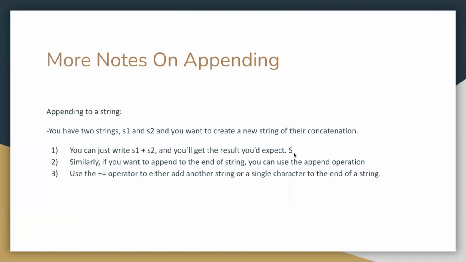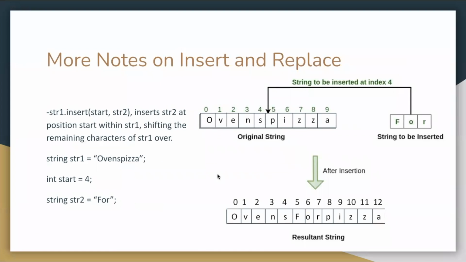Now we're going to talk about a more complex string function, which is insert. So remember, dot insert, parentheses and a semicolon, and having the variable name there is just the format we use whenever we're calling any pre-built string function.